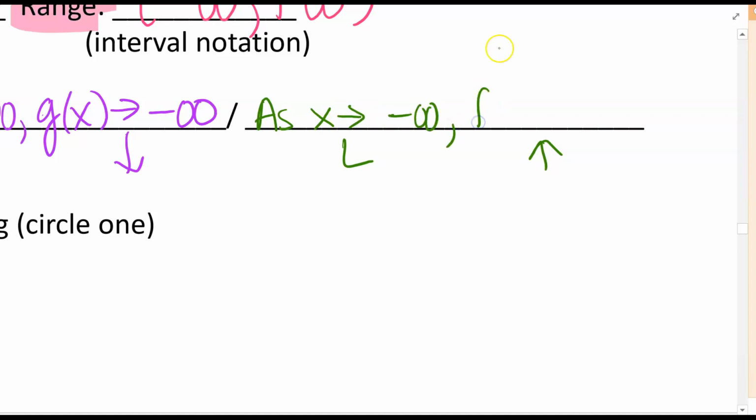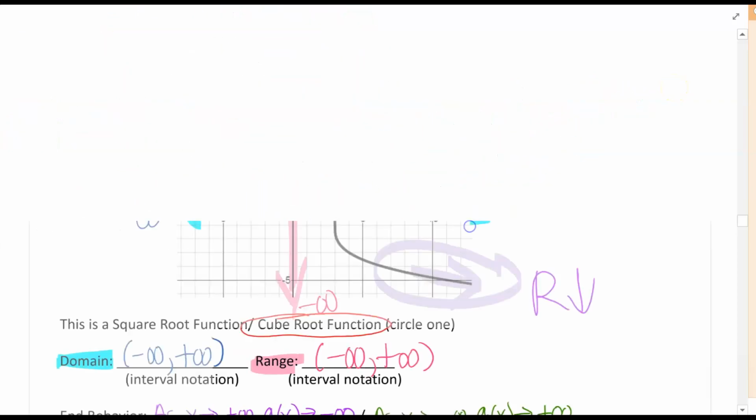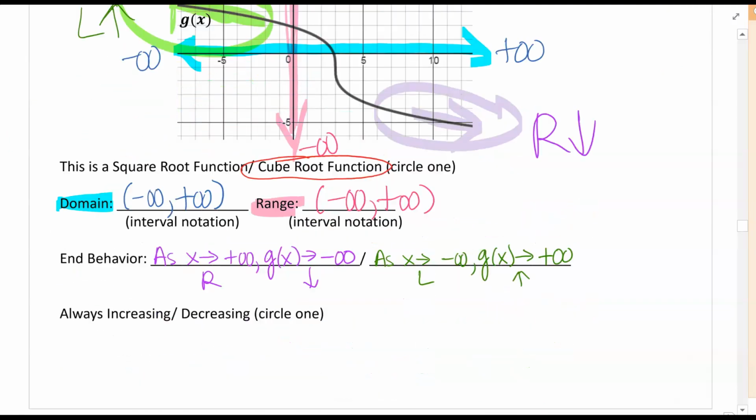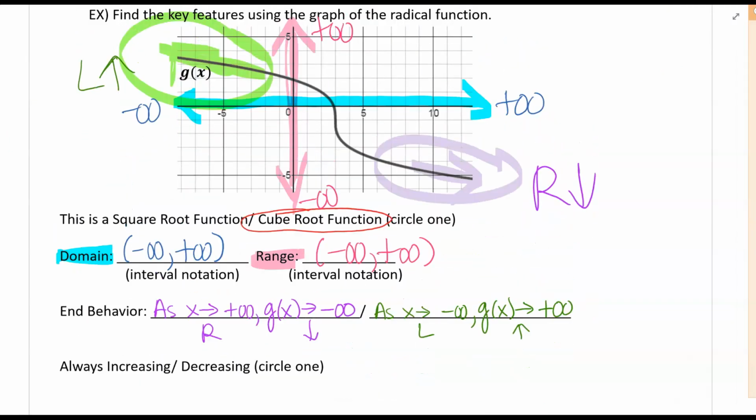The function g of x approaches upwards is positive infinity. And then for the increasing, decreasing, we're going to go from left to right. So left to right is decreasing. Okay?